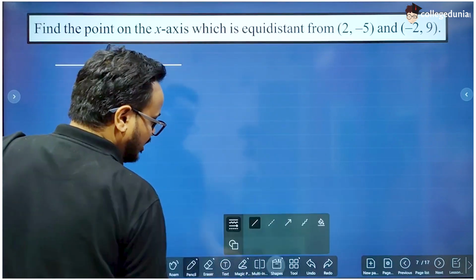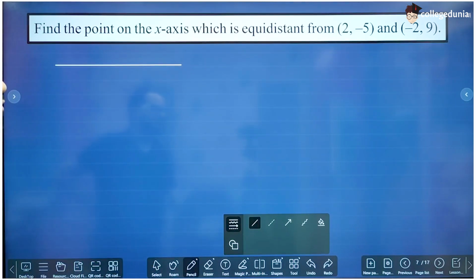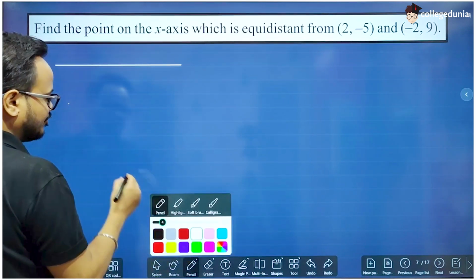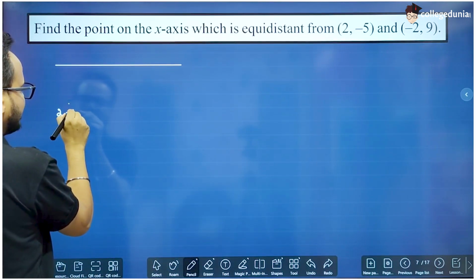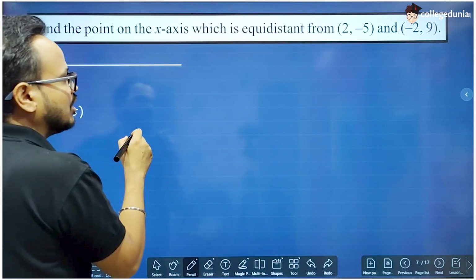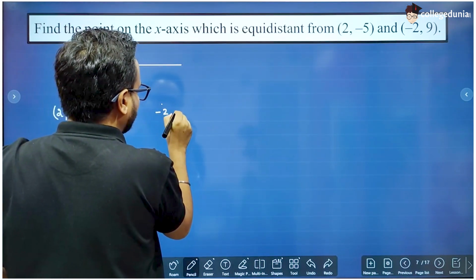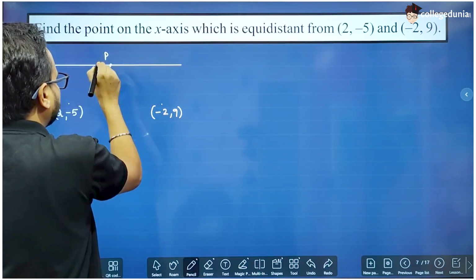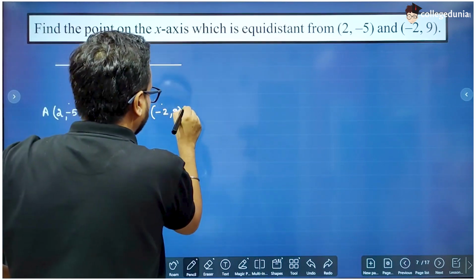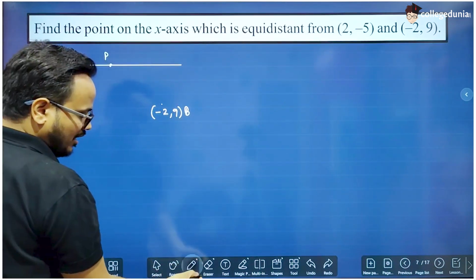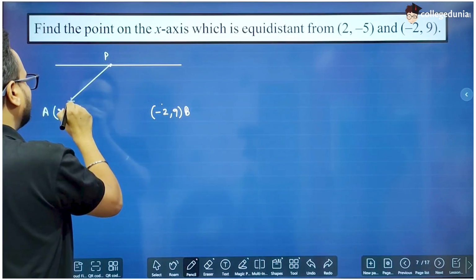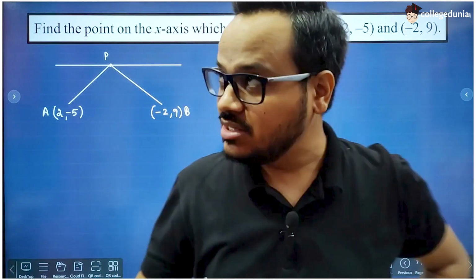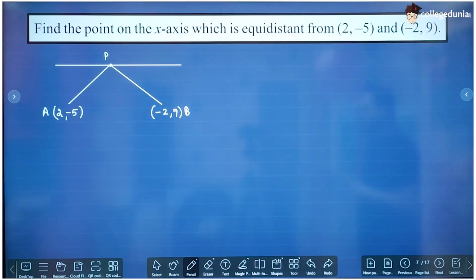We have to find a point here which is equidistant from 2 comma minus 5, this point, and the other point. Suppose that point is P, this point is A, and this point is B, and we have a point on the x-axis which is equidistant from A and B. Now these two distances PA and PB are equal.